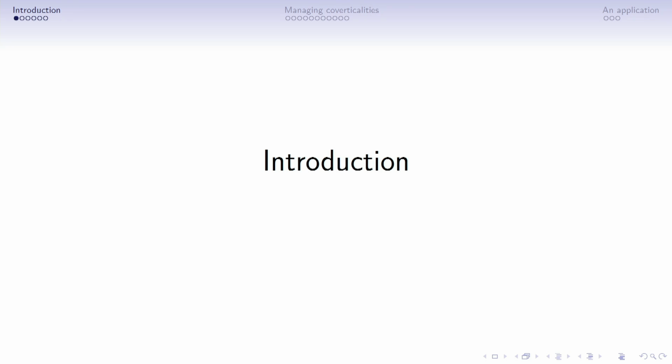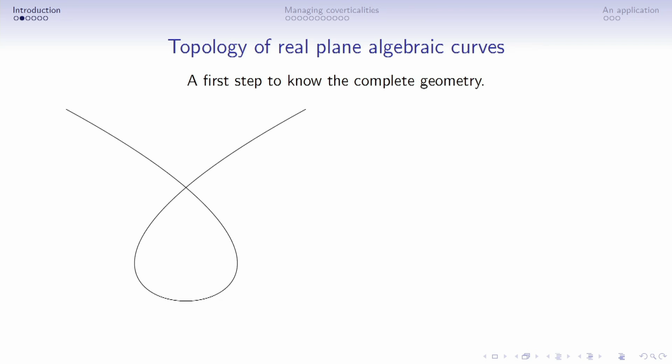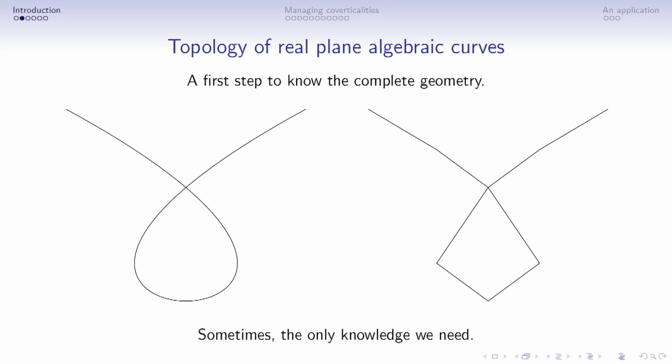Computing the topology of an algebraic real plane curve is something that has been there for several decades, and usually it's just taking the implicit equation. It's a first step to know the real shape of the curve.